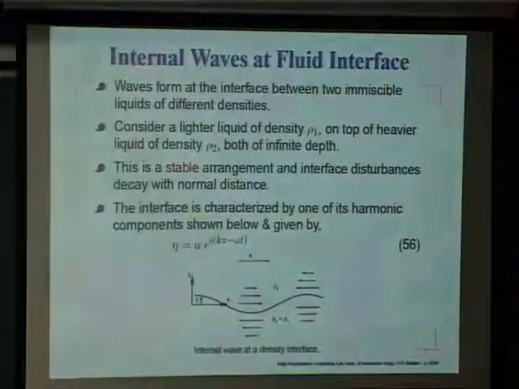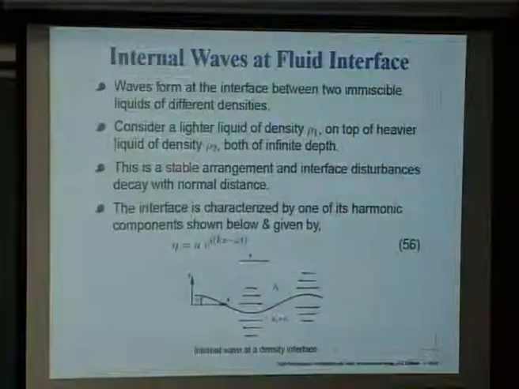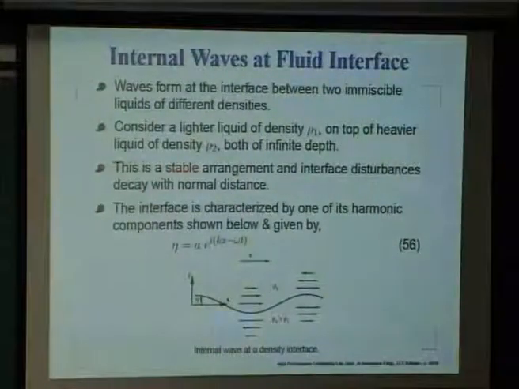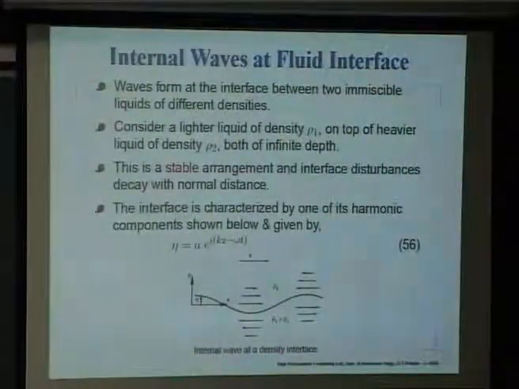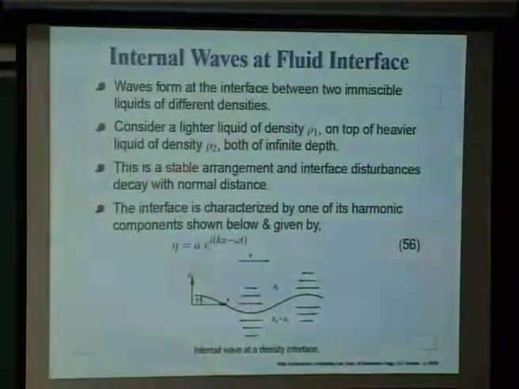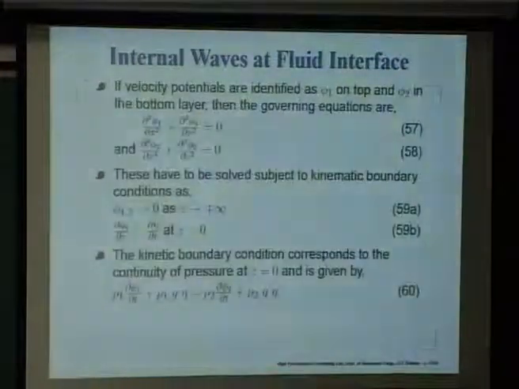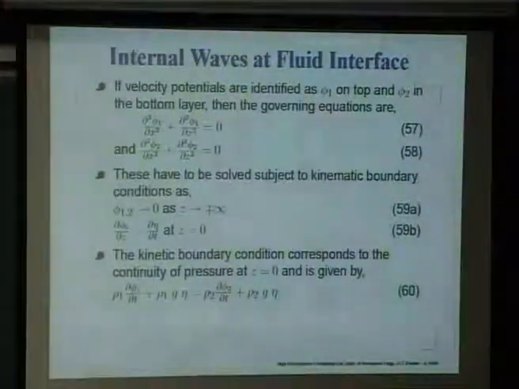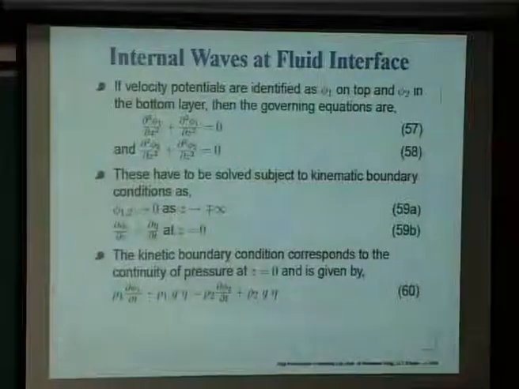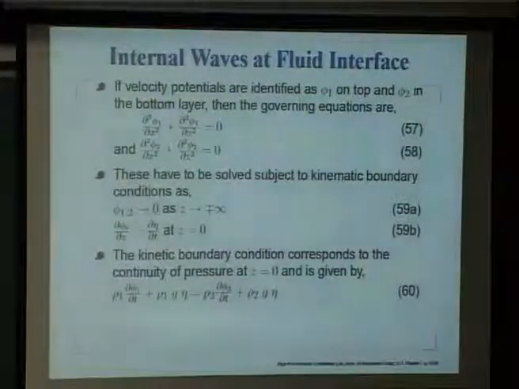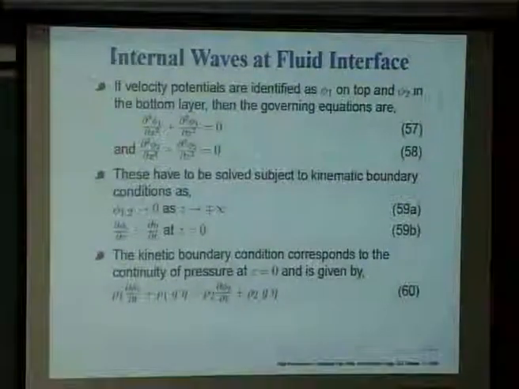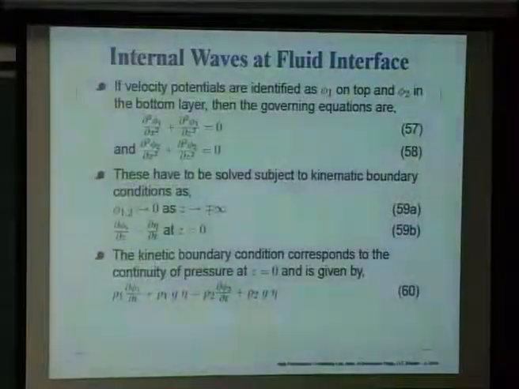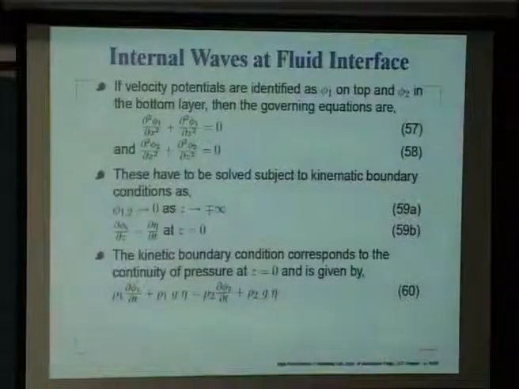Now, if I define the interface in terms of a harmonic component A times e to the power i(kx minus omega t), then we can look at the following development, considering the behavior to be irrotational. So, we can again define velocity potentials, phi 1 on top and phi 2 at the bottom layer.